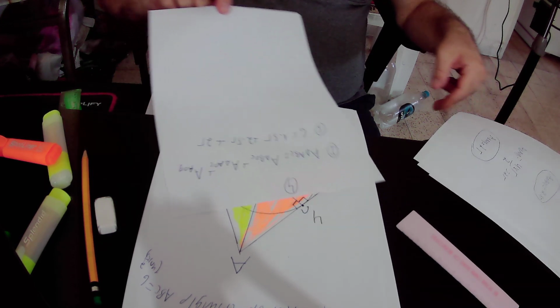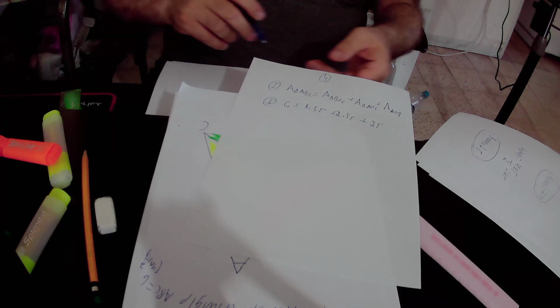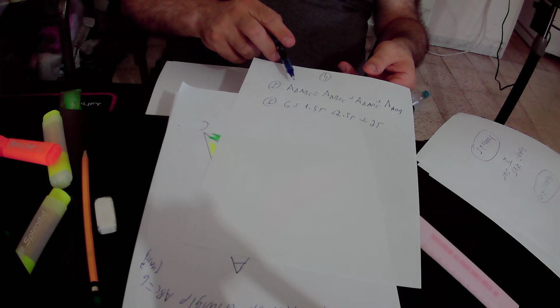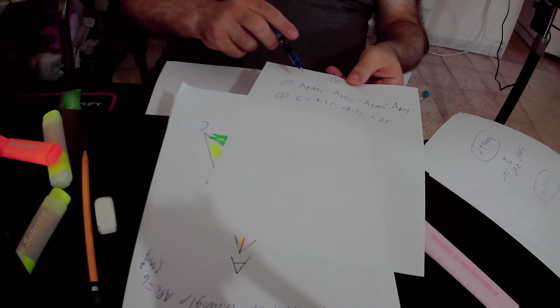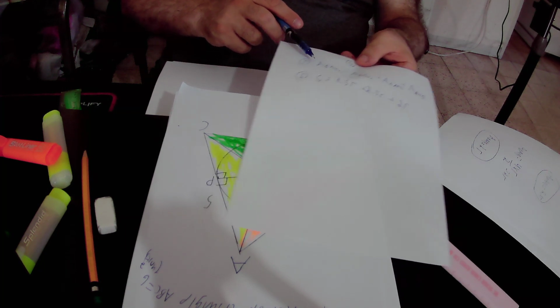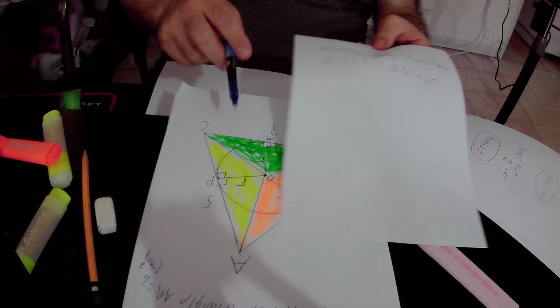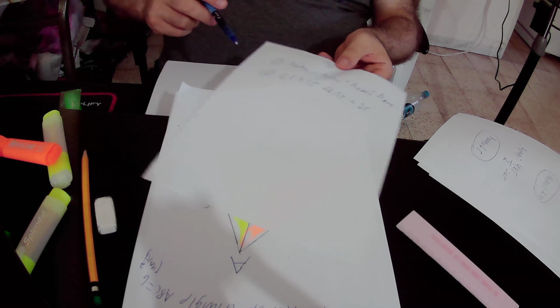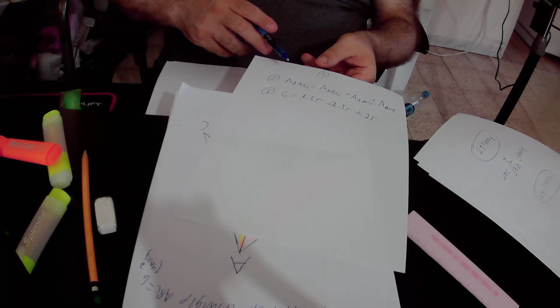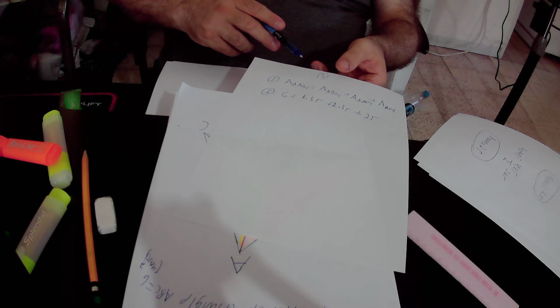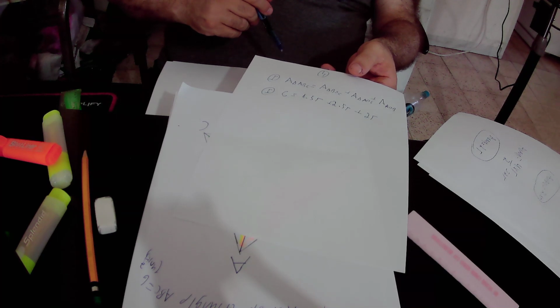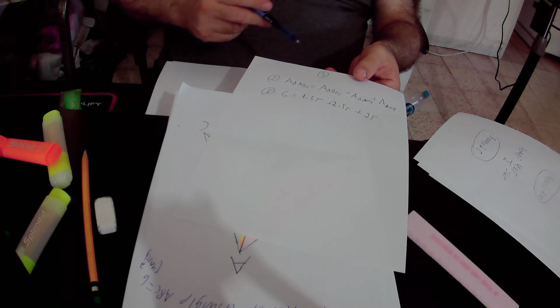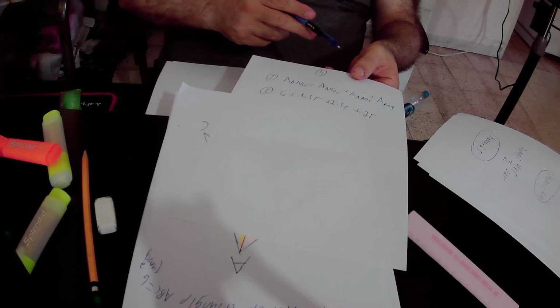So we have here 6 equals 1.5 r plus 2.5 r plus 2 r. 1.5 r plus 2.5 r equals 4 r, and 4 r plus 2 r equals 6 r.